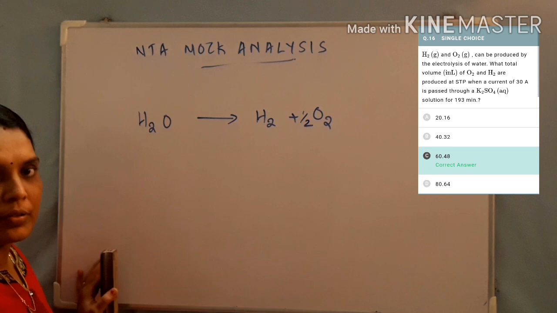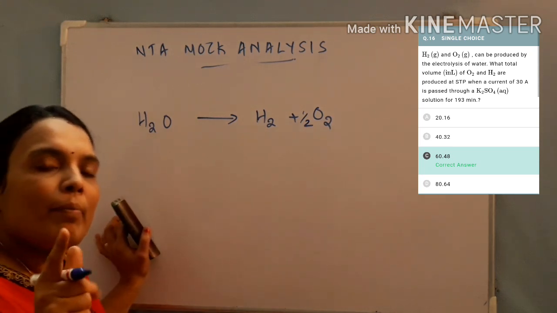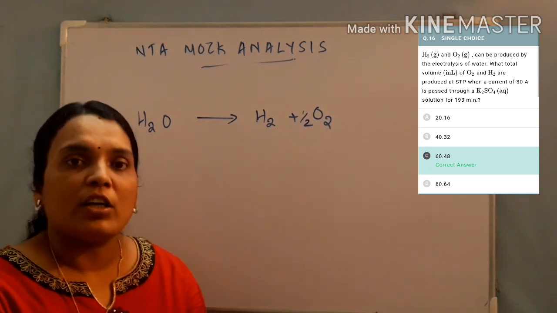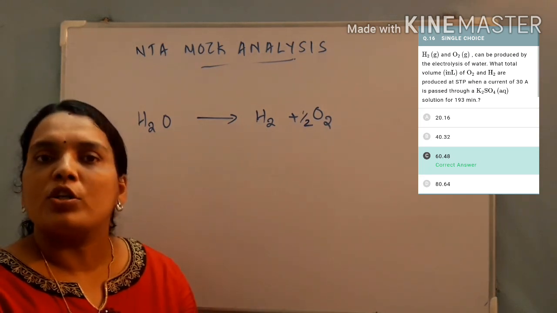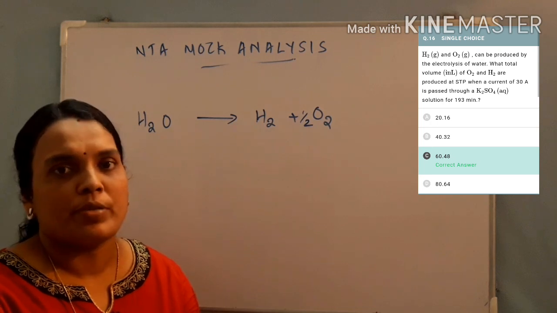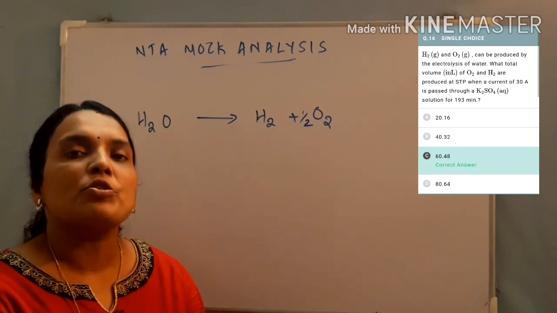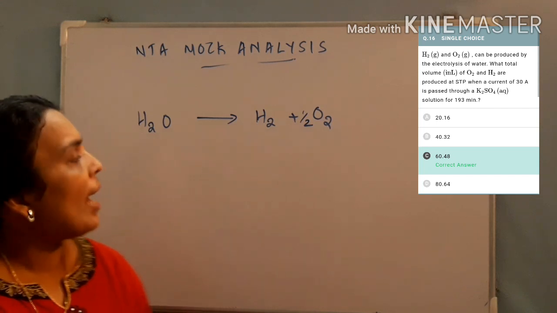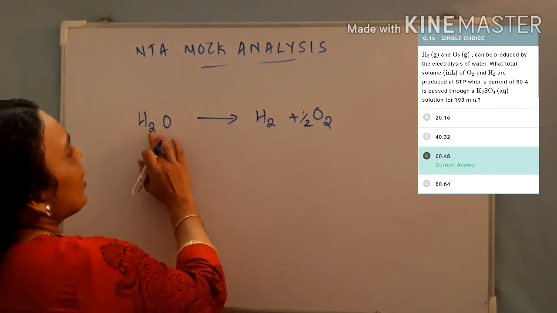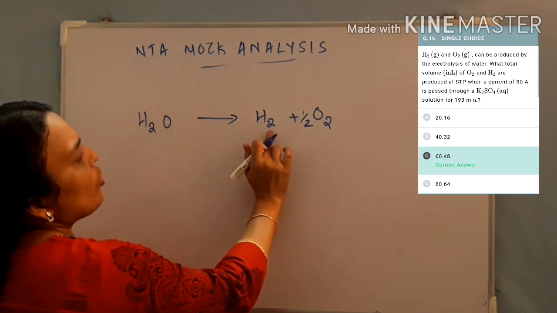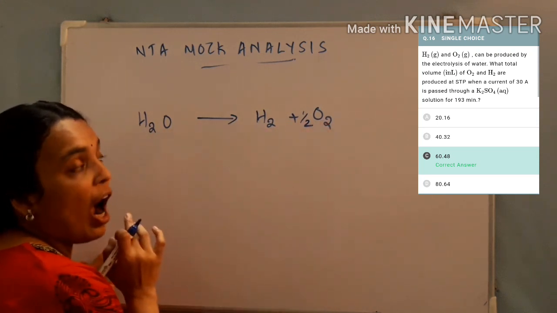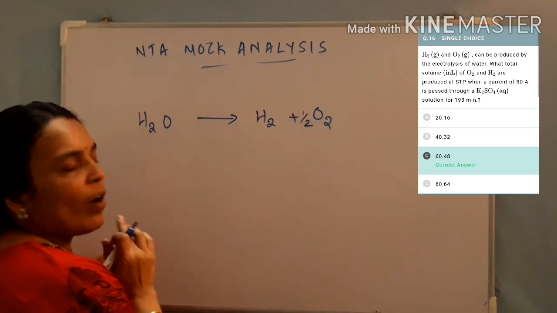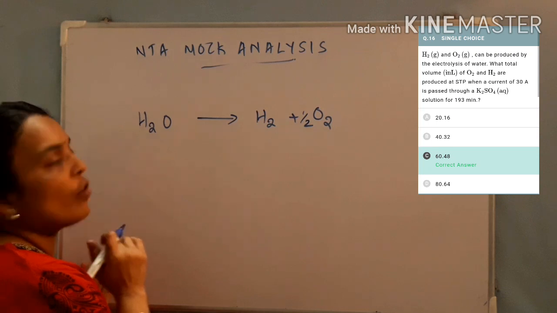But remember, water is a weak electrolyte, so direct electrolysis of pure water is not possible. Here current is passed through aqueous K2SO4 solution. And remember, 1 mole of water dissociates to 1 mole of hydrogen and half mole of oxygen.